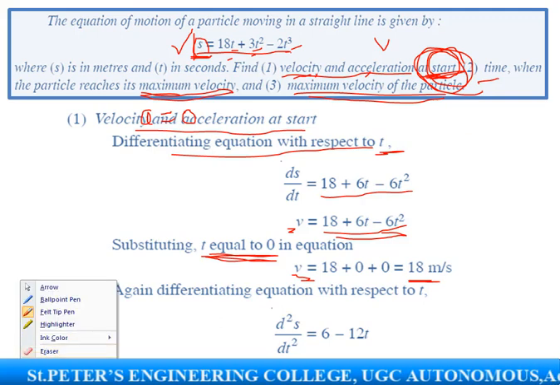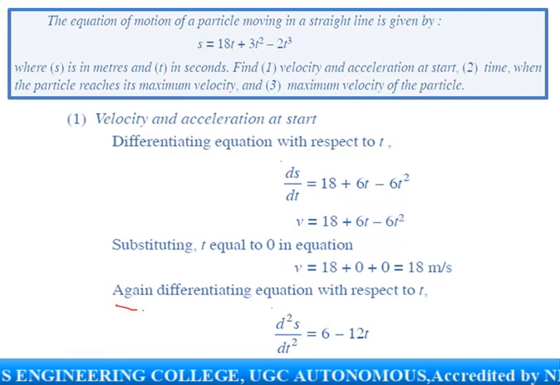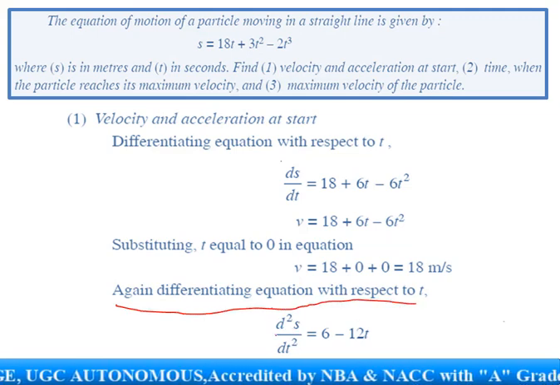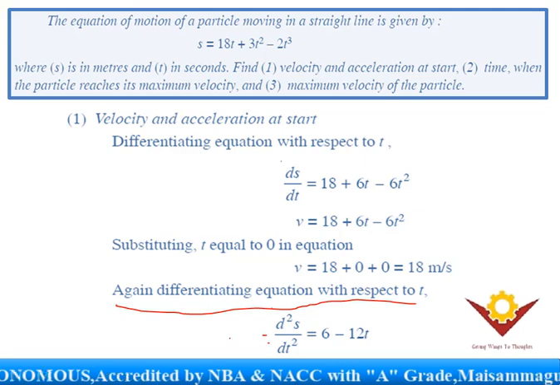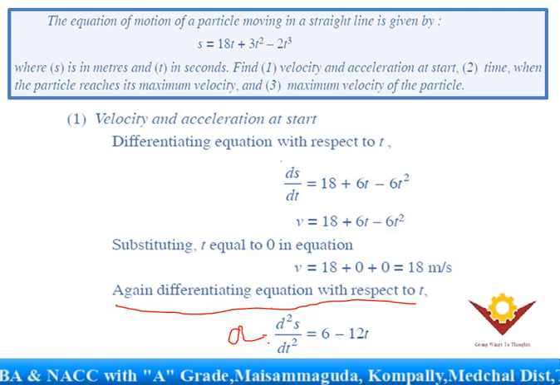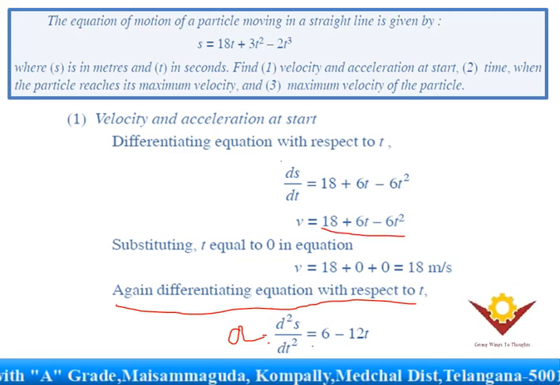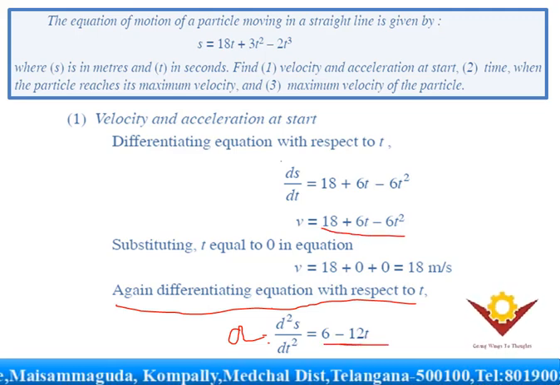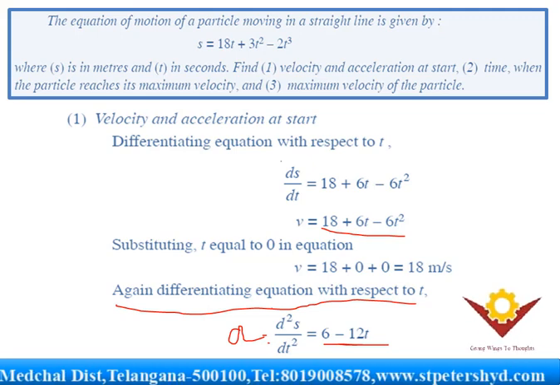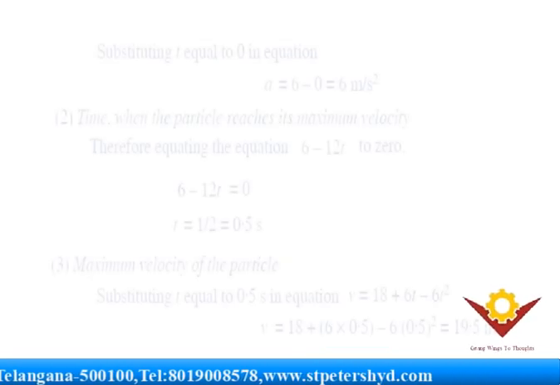And now again, if you differentiate the equation with respect to t, you get d square s by dt square, which equals acceleration. Differentiating the velocity equation with respect to t again gives your acceleration equals 6 minus 12t.